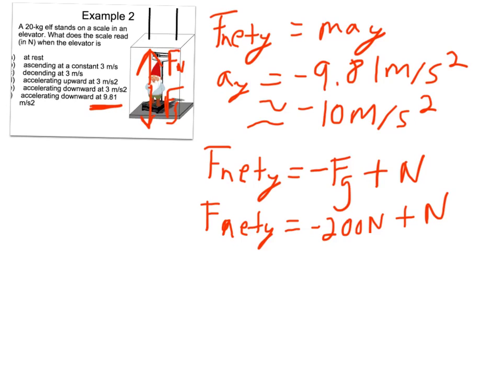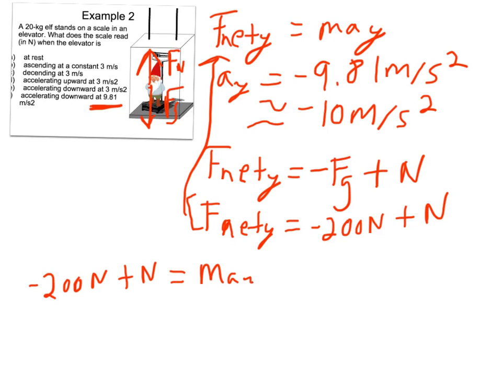We now rewrite our original equation using this. F net is negative 200 newtons plus a normal force equals mass times acceleration in y. Net forces equal mass times acceleration. Move that 200 over, normal equals mass times acceleration in y plus 200 newtons.